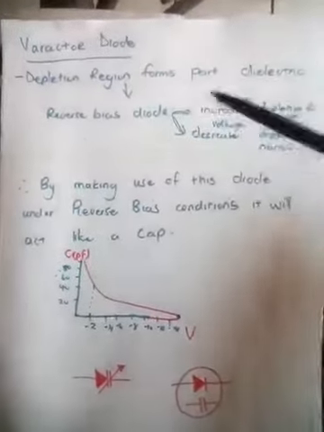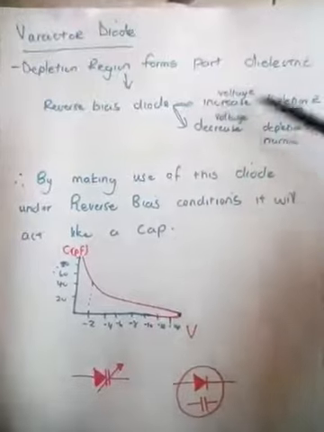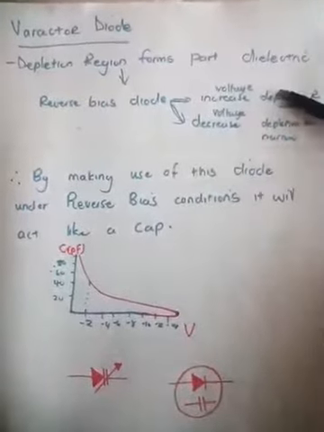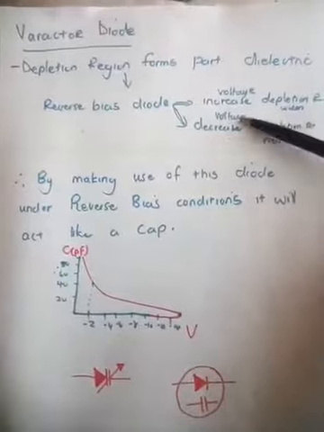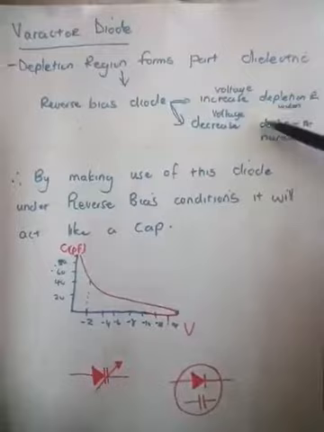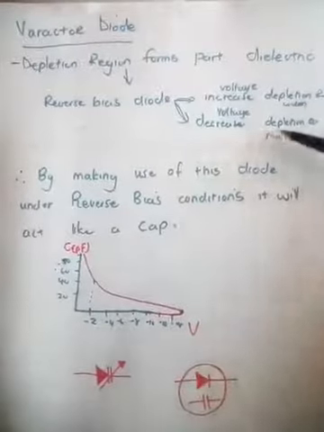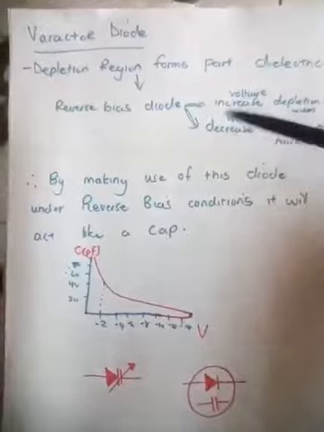If you increase that reverse bias voltage, the depletion region will increase. Also, when you decrease the reverse bias voltage, you will narrow that depletion region. So it will increase and decrease the depletion region, same as with the capacitor.